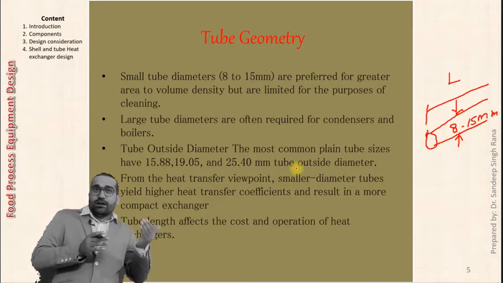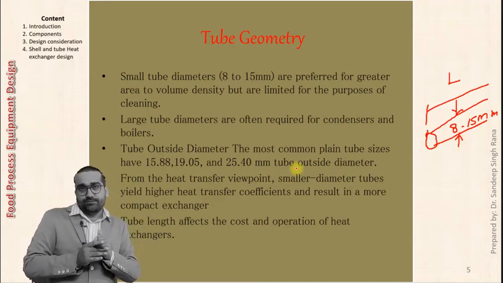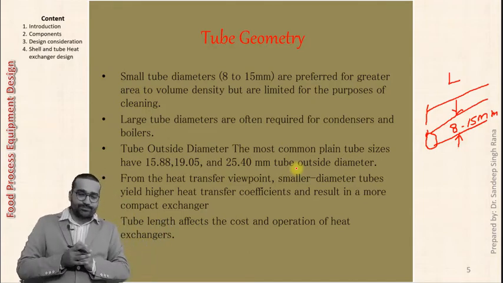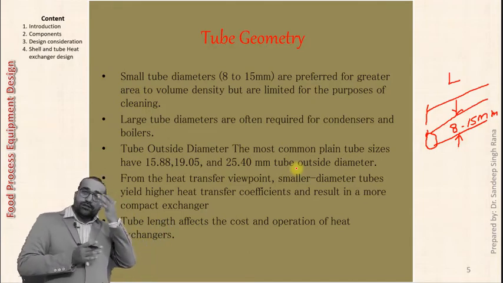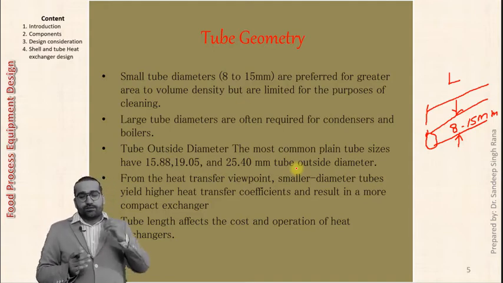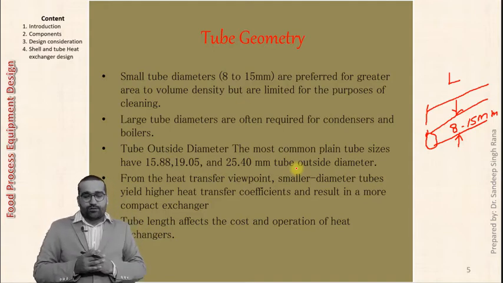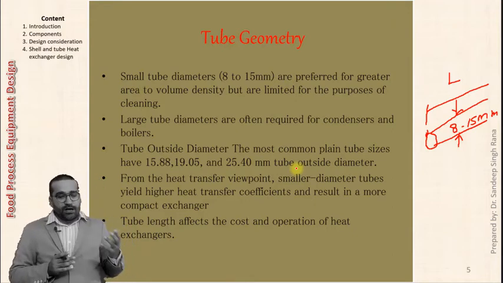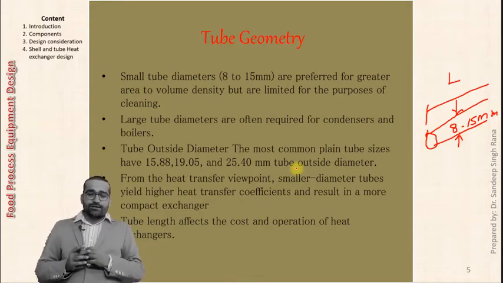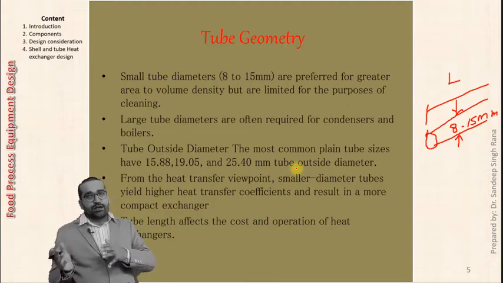That allowable pressure drop should be maintained. So if we increase the length, the pressure will reduce. Generally, these tubes are made of stainless steel, brass, bronze, copper, and an alloy of nickel and copper.